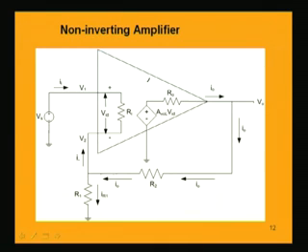Now, if we look into this part from the output to the input, this is the feedback resistance R2, here it is connected to another resistance which is grounded, and both of them are connected to the negative terminal. Now, output voltage is V0. We have named the voltages at this inverting and non-inverting terminal as V1 and V2, and the signal applied at the non-inverting terminal is Vs. We want to get an amplified non-inverted output at V0, that is the non-inverting amplifier.